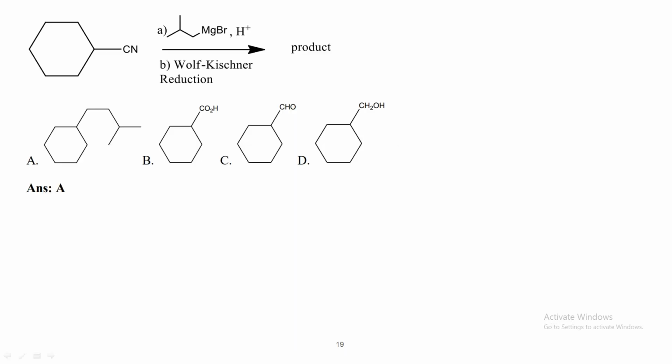Now let's see the next problem. Here cyanide and here one nucleophile is there. So cyclohexane ring, cyanide group, and here this is our nucleophile. So this is electronegative and here it is electropositive.